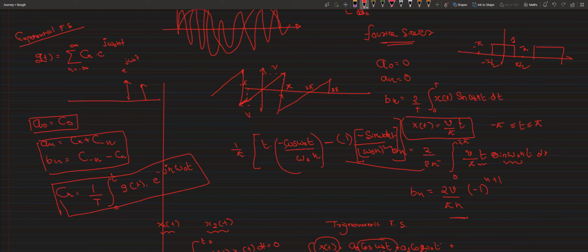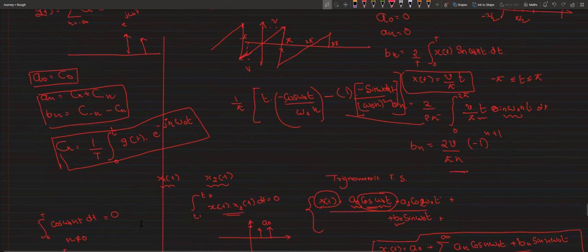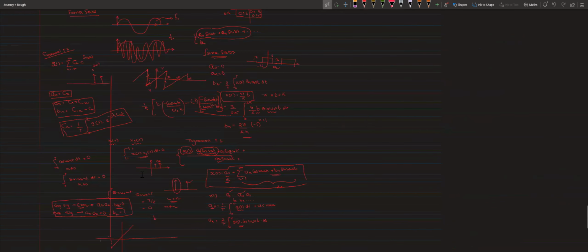So this is the expression. Take one problem with respect to the exponential Fourier series, then we can proceed to the Fourier transform.